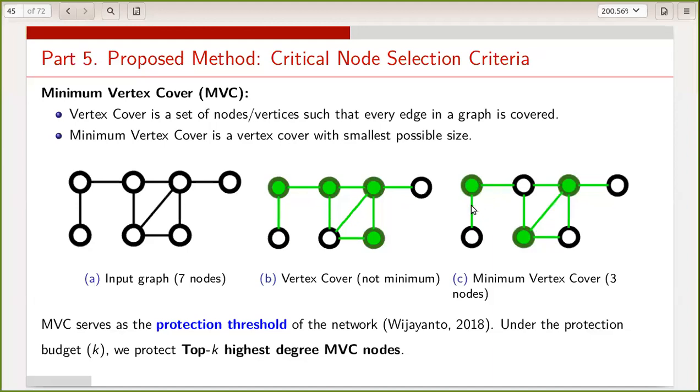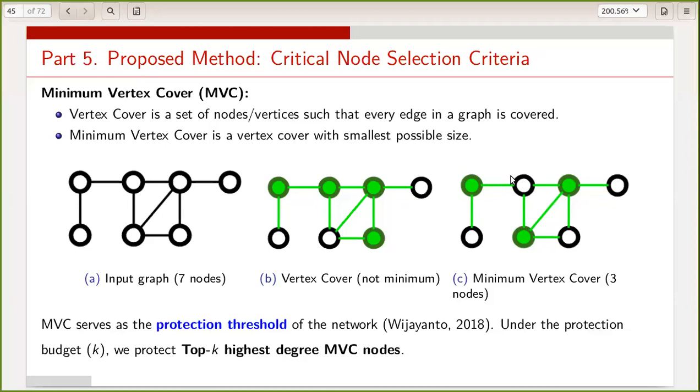It's selected because we see it not as an individual, but as a set of nodes. So we combine these 3 instead of this one, even though this one has the highest degree. So we change from individual node selection to set-of-nodes selection.